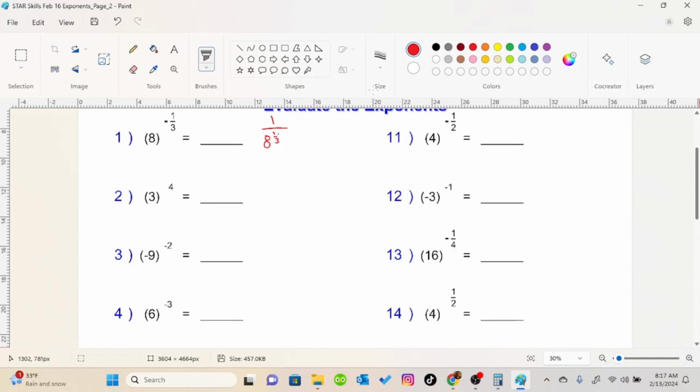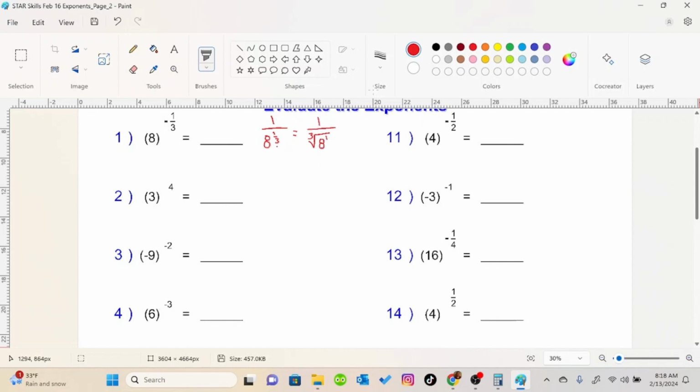The way we do this is that the numerator stays with the base number. So 1 will stay with the 8. The denominator becomes the root. So this becomes 1 over the cube root of 8 to the first power.